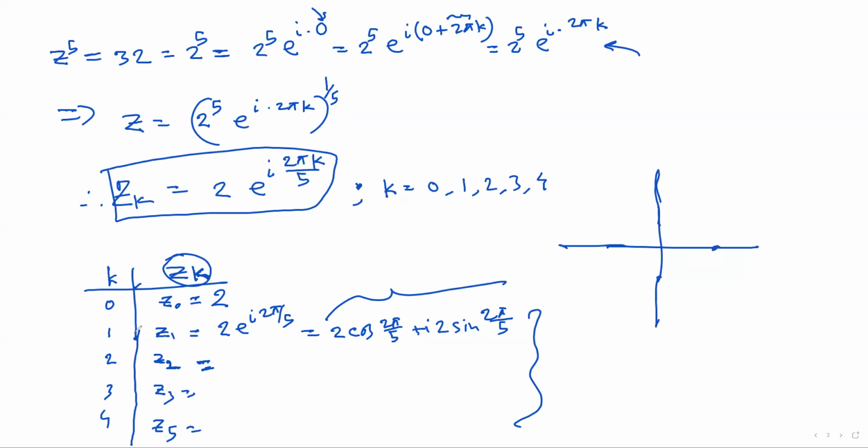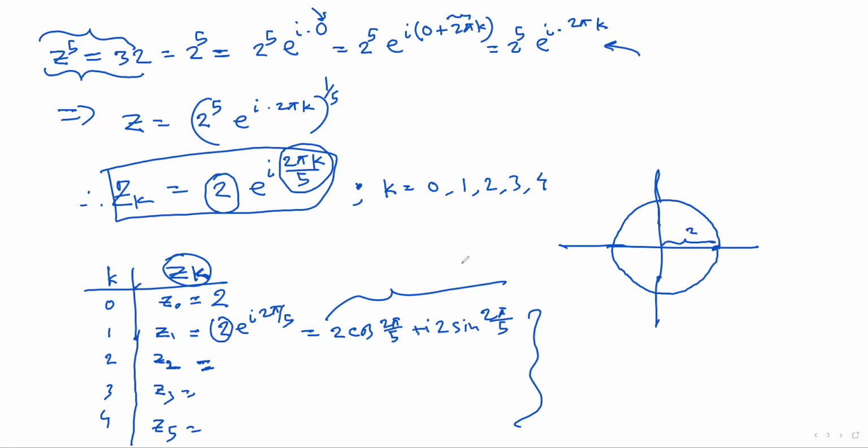Now, all of these roots must have modulus equal to 2, of course, as can be seen here every time. The modulus is constant, only the varying part is the argument. And this should be the case because if you take modulus on both sides of this equation, you are going to see that modulus of z is a constant, and which is 2. So technically, all the roots should be on this circle of radius 2, that's for sure.